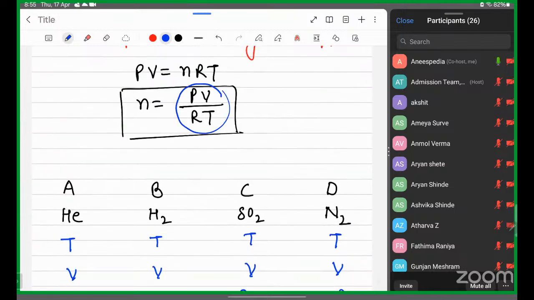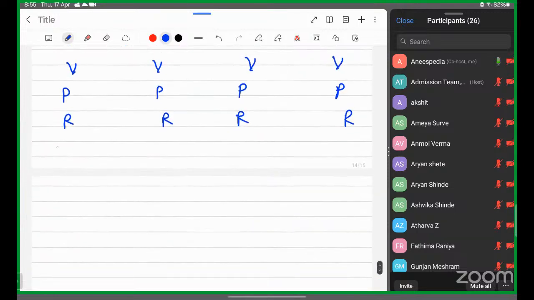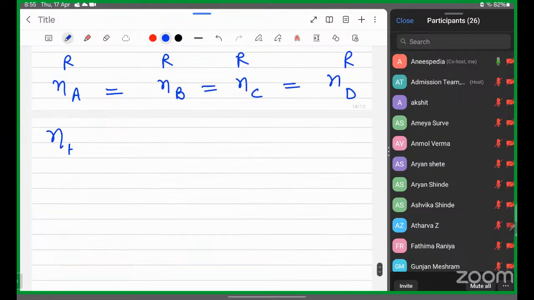Which means the PV by RT factor will be constant, which implies that the number of moles of A will be the same as the number of moles of B, C, and D. That means the number of moles of helium gas is the same as that of hydrogen gas, SO2 gas, and nitrogen gas. Since the number of moles are equal, the number of molecules will also be equal.